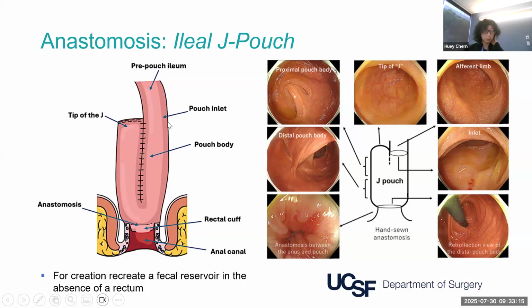So there's a reservoir here, and the apex of this J is attached to the remaining rectal cuff. So that's a J-pouch. When you scope, I would imagine if you're in the afferent limb, you'll be able to see the pre-pouch ileum.